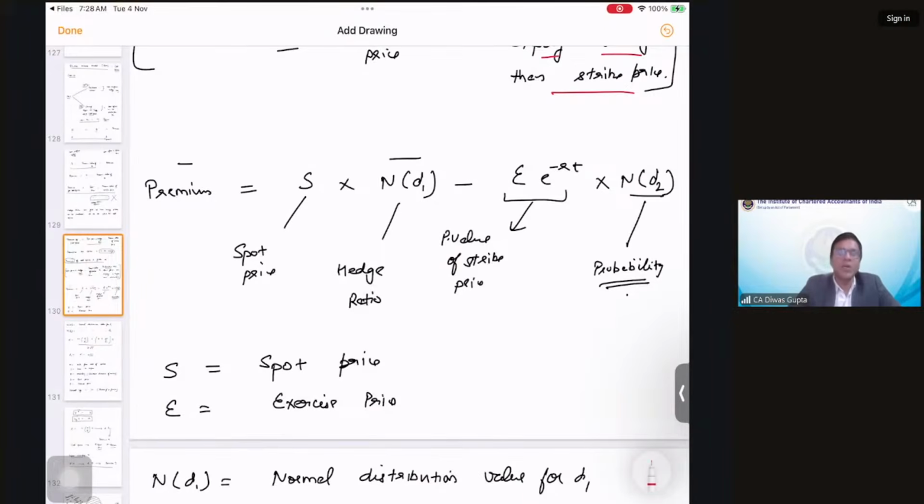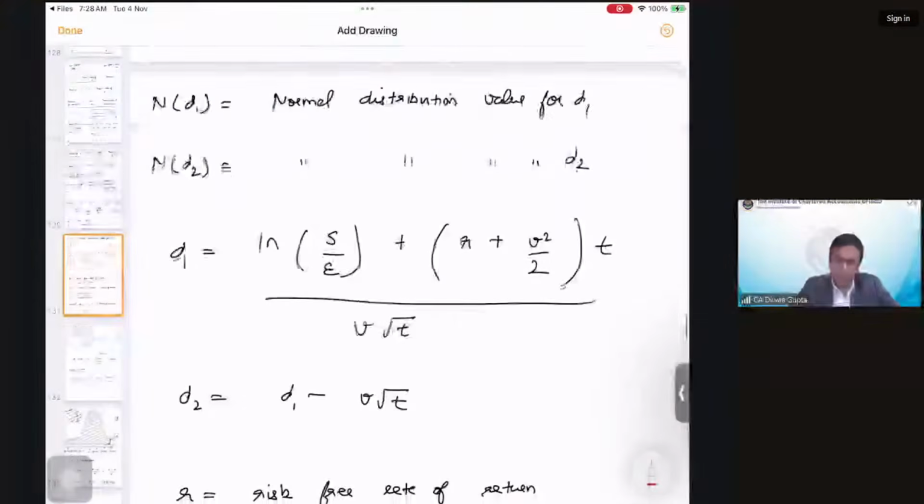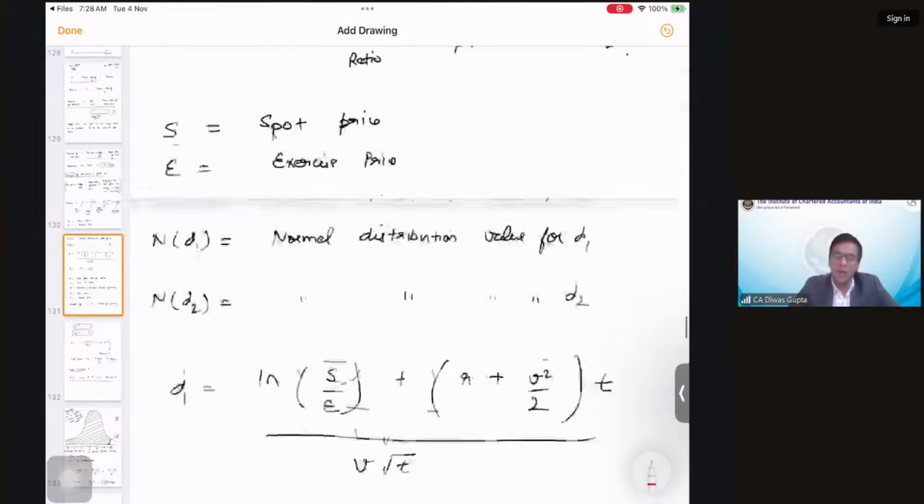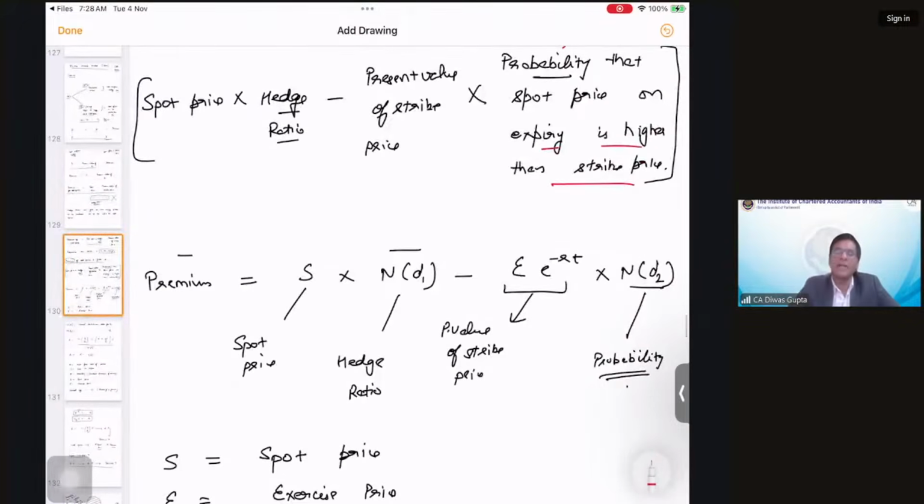Technically, we denote this as the normal distribution value of d1, minus E into e raised to the power minus rT, which is the present value of the strike price, multiplied by N(d2). d1 and d2 being the normal distribution values for d1 and d2. I hope it is clear that N(d2) represents the probability and N(d1) represents the hedge ratio.